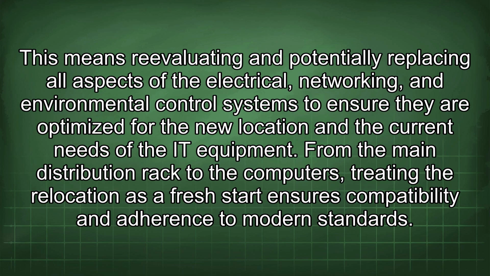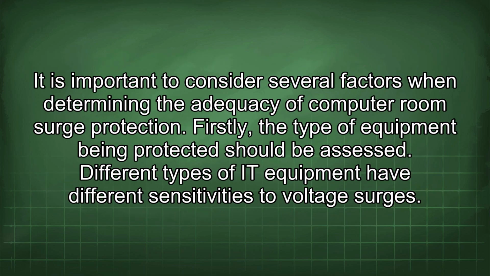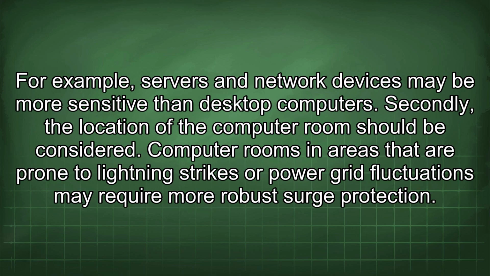It is important to consider several factors when determining the adequacy of computer room surge protection. Firstly, the type of equipment being protected should be assessed. Different types of IT equipment have different sensitivities to voltage surges. For example, servers and network devices may be more sensitive than desktop computers.